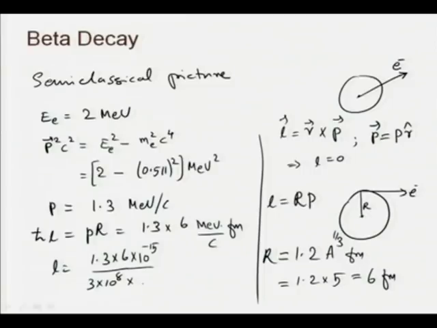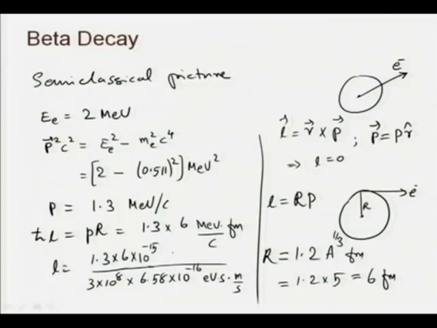So, the value of h cross is 6.58 into 10 power minus 16 electron volt second, and meter per second coming from c, and in the numerator we have MeV.